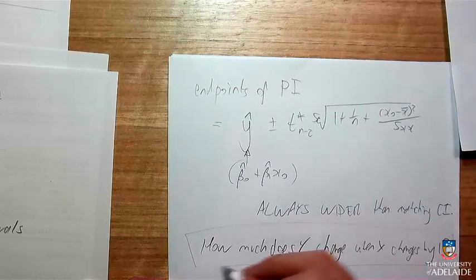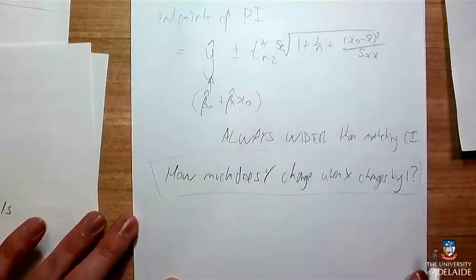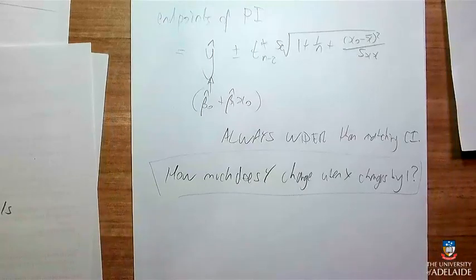How much does y change when x changes by 1? That is a question about a specific number, and it's about a question in the real world, not in my data. And so it's a confidence interval as well.